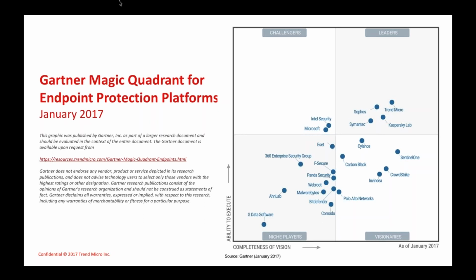However, the endpoint protection platforms quadrant is not just a laptop. It actually covers laptops, servers, cloud environments, and email as well. So this is showing you that as a whole solution, Trend Micro is absolutely someone to be very serious about.